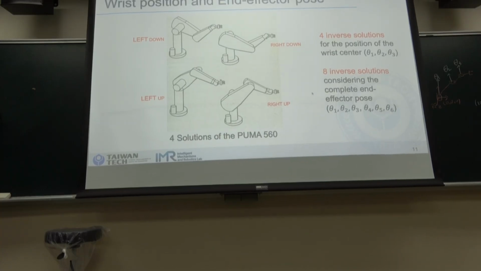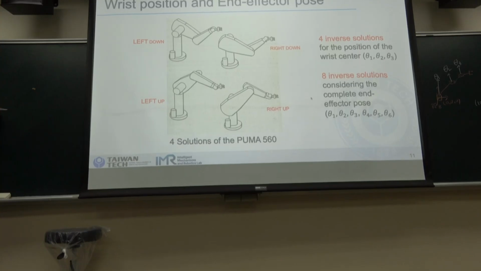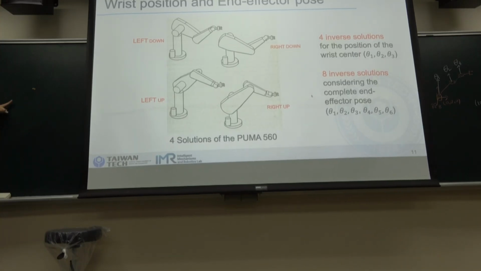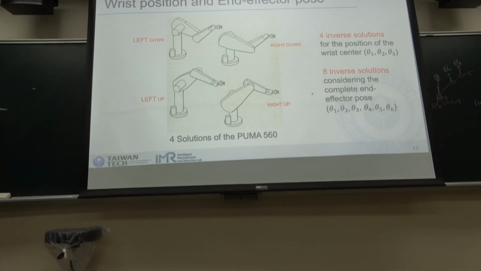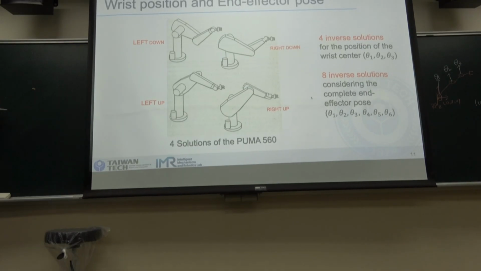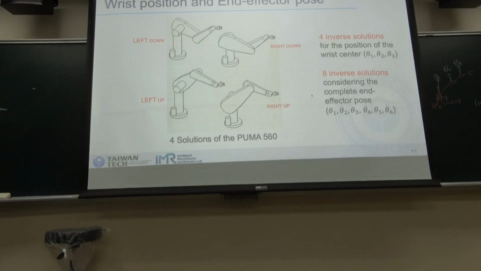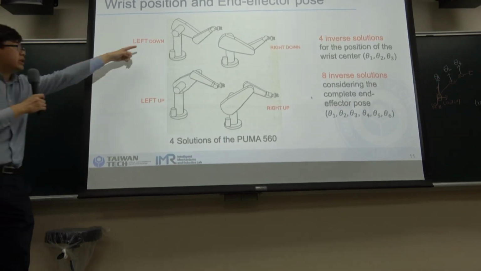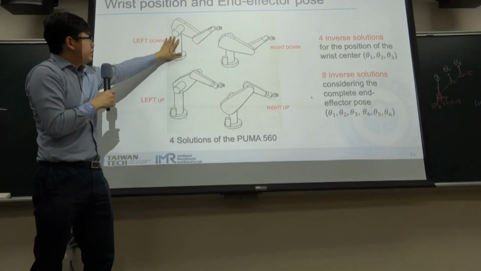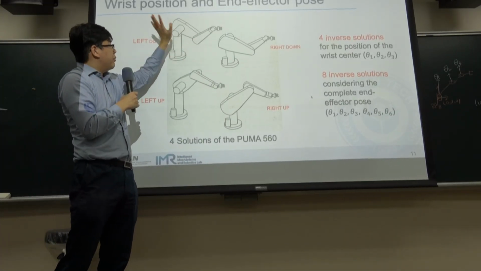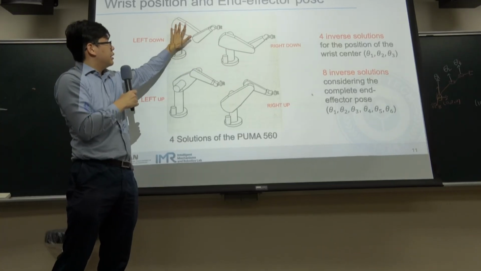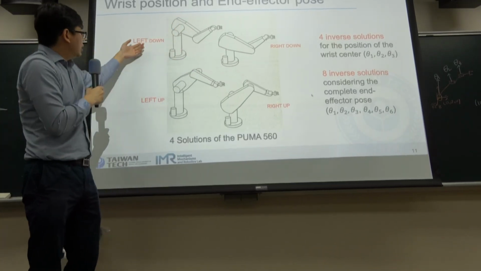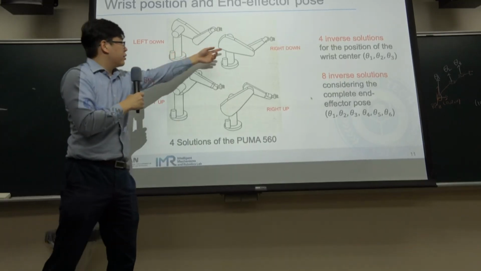One solution may be in this direction, and for another one, you can turn a pi, so 180 degrees, and we have another solution. So you can see from this one to this, the first joint turns 180 degrees. So this is called the left, and this is called the right.